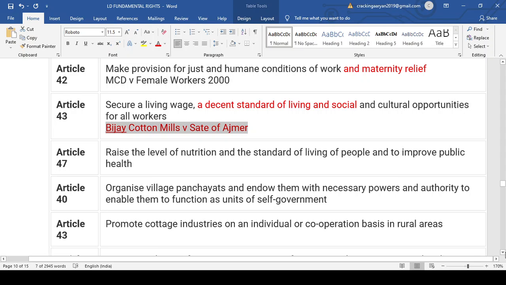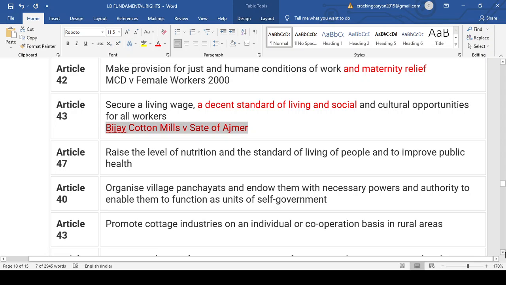Okay, so the Supreme Court told that it is very necessary that this kind of restraint should be held on Article 19 Clause 1G, that is freedom of trade, because otherwise the industrialists will use it in the wrong way, and then the workers will not be getting the decent wage, the decent standard of living and the accommodation which is being discussed in Article 43.